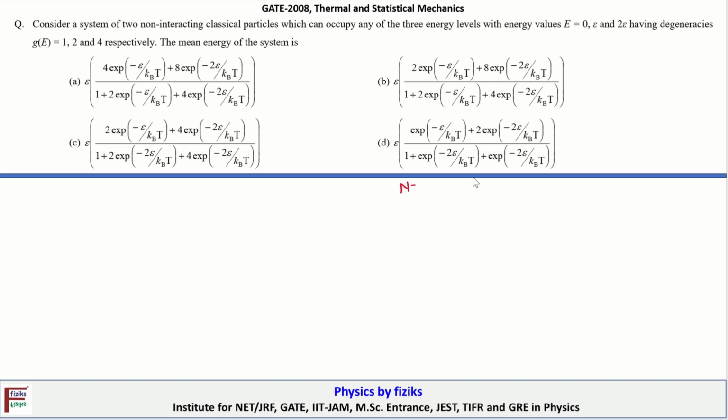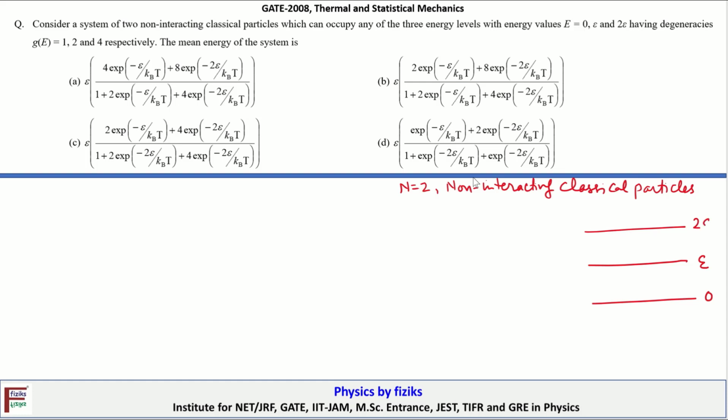So we are given a system of N equal to 2 non-interacting classical particles which can occupy any of the three energy levels, with energy E equal to 0, E and 2E, having degeneracy G values given to be 1, 2 and 4. We have to find the mean energy of the system.